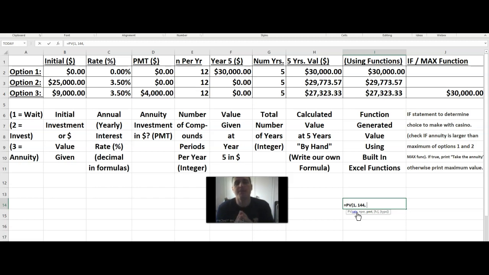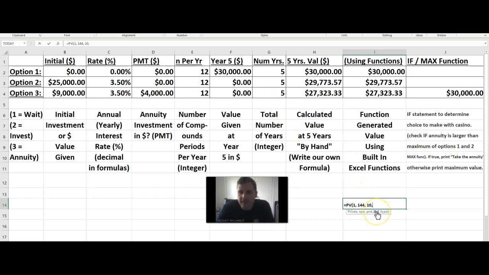The payment, PMT, what we called capital P in the formula for the annuity, is the regular payment. Remember, the regular payment here should be $4,000 divided by 12, because that's a monthly payment if we pay $4,000 into the annuity every year. Again, I'll just put a fake number in there for now.